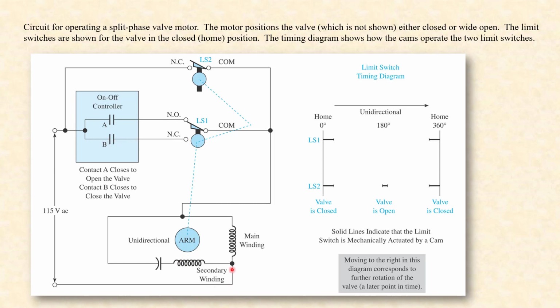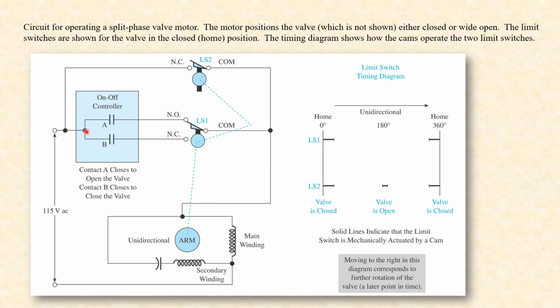And the power to turn the motor comes from here and has to get from here to here. So what possible paths are there? I come this way. Here, this cam limit switch has this open, so there's no path of current here. If I come in here and it's neither calling for close or open, we can't go anywhere.